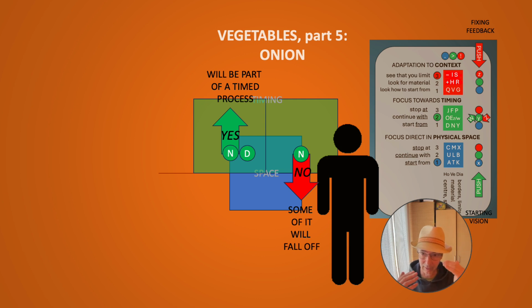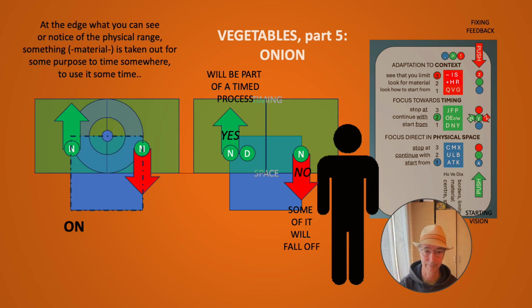So that's that contradiction in material. When you choose one direction, it also says, oh, I have to leave out a direction as well. These yes and no's can be explained in some other videos. But here we have it already, the ON.